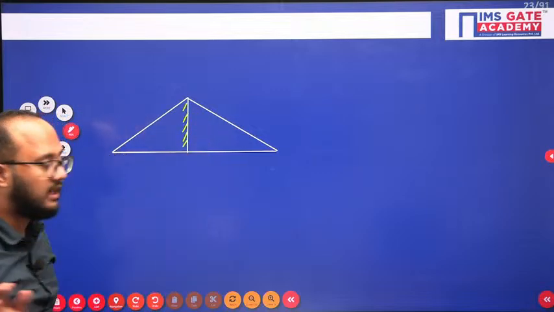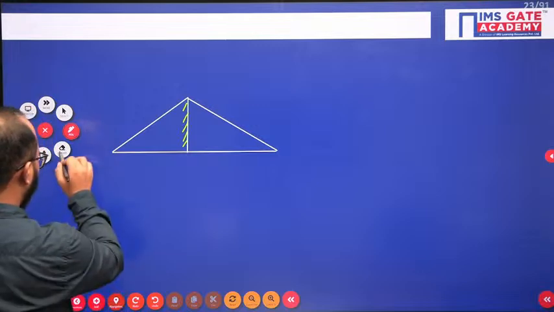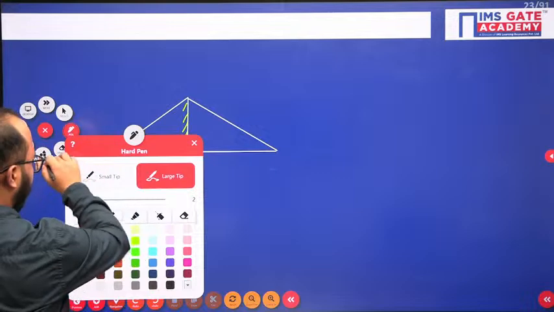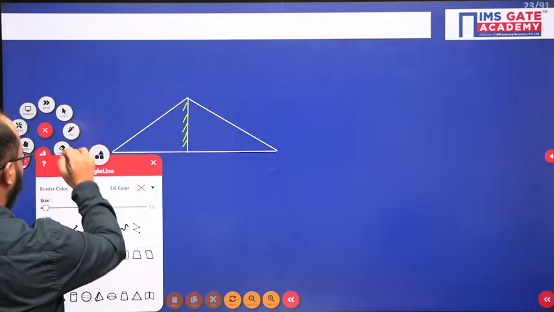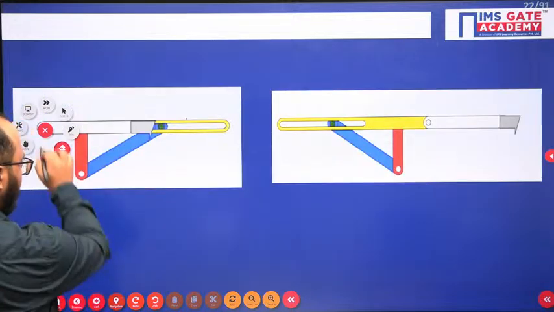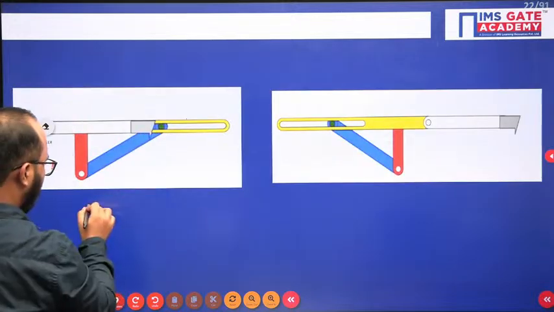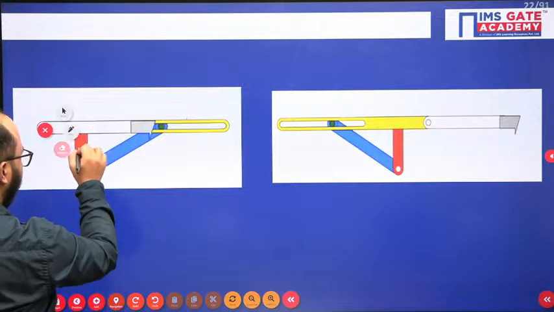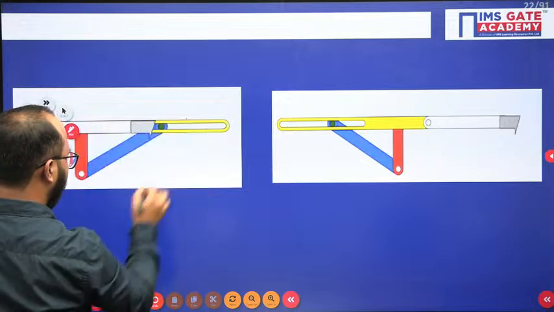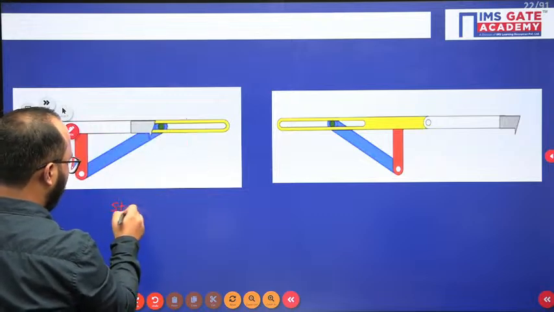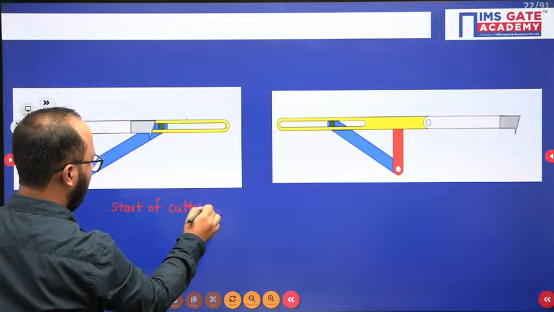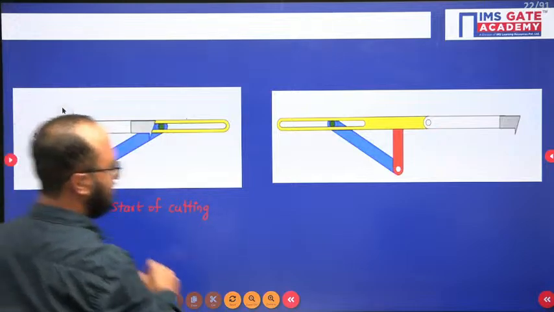Now please carefully understand. Let me draw it again. First I will explain here itself. I should write here, start of cutting, because if it is clear, then automatically it will be clear to you. This is the start of cutting, and this is the end of cutting.